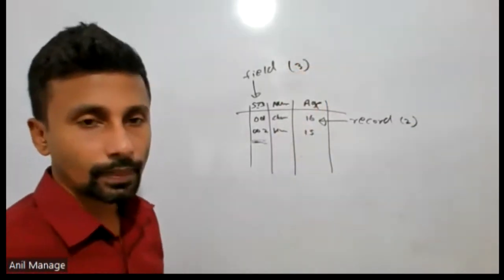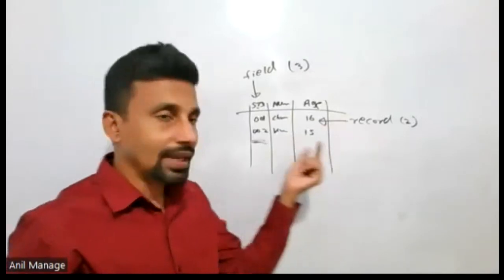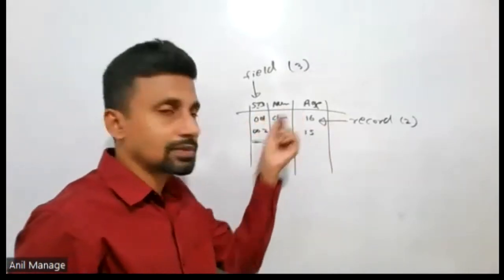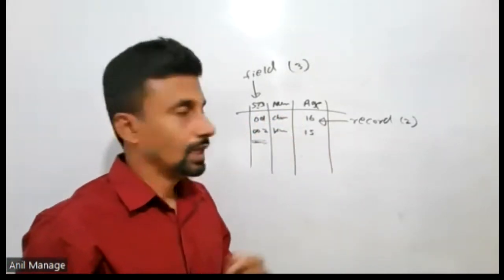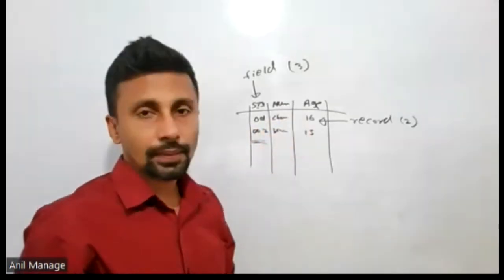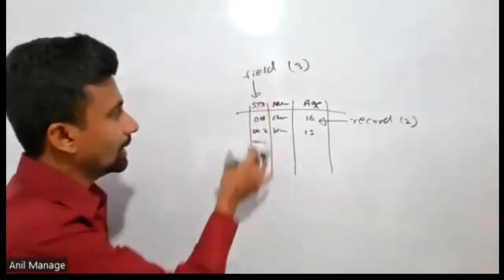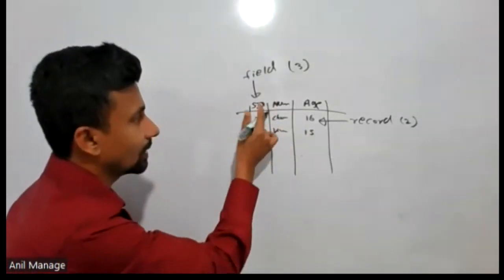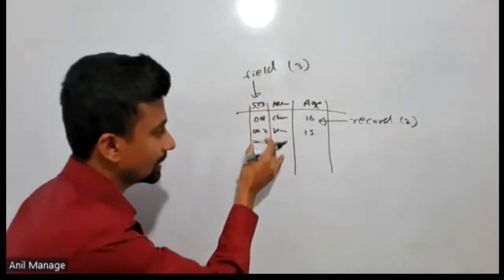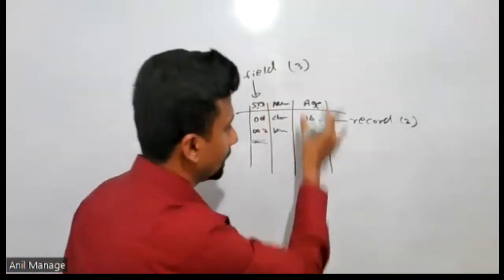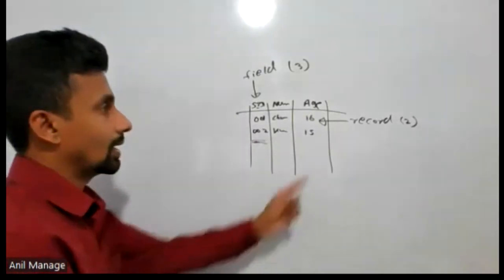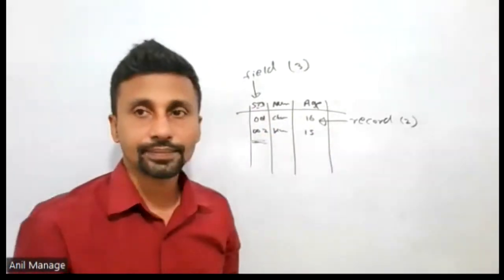When you take a record, it has different types of data. When you take a field, it has the same type of data. Here only SIDs are here, only names are here, only ages are here, right? So we have records and fields, right?